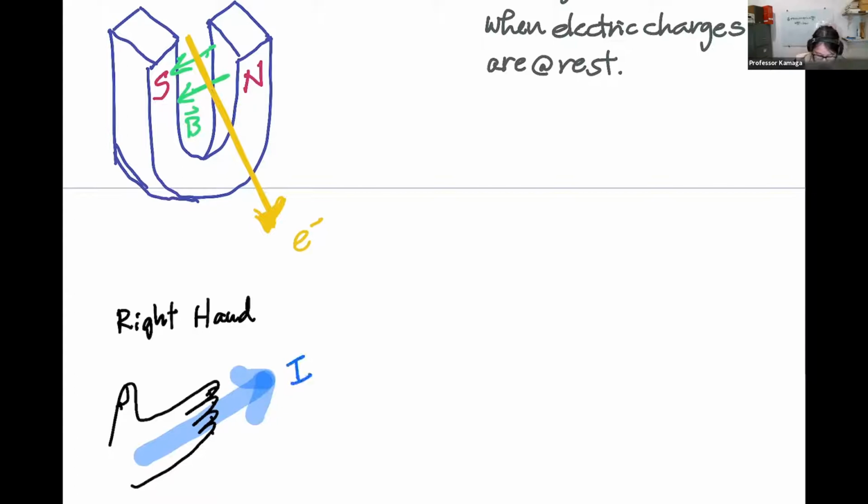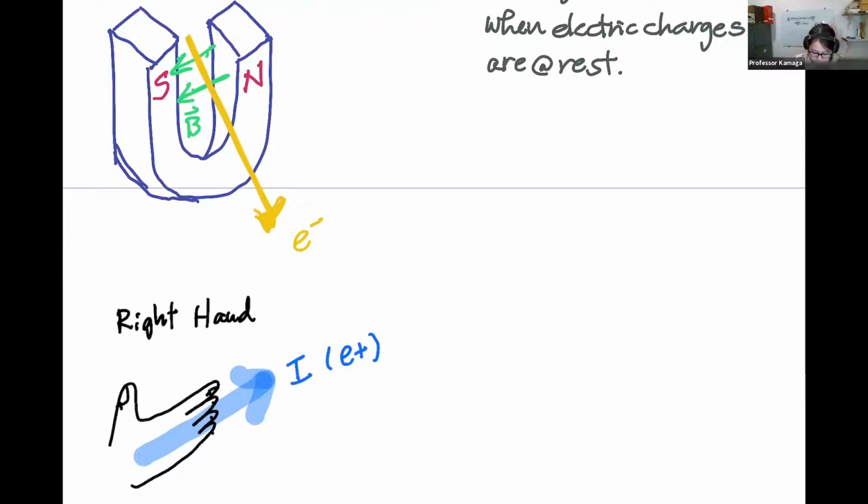Remember, current is defined as the flow of positive charge. Then the direction of your palm. So I have a right hand, you guys have a right hand, and you can bend your fingers now. After you do it, the direction of your palm is going to be the direction of the magnetic field.